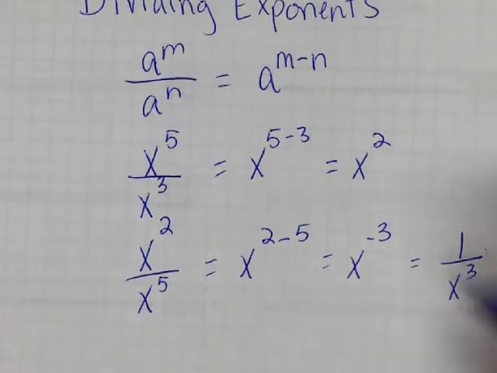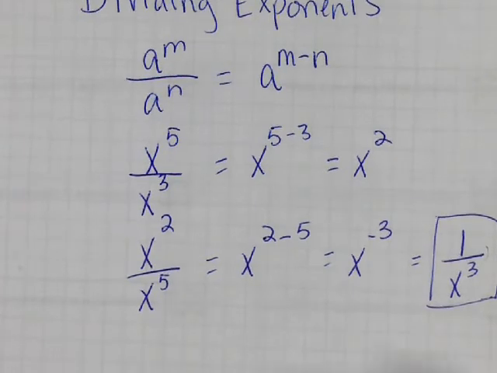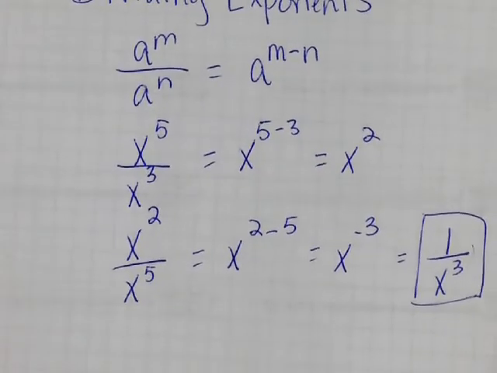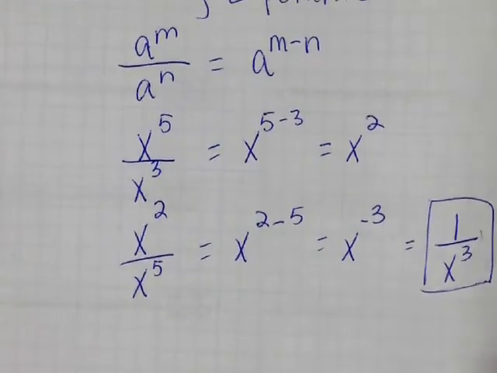Then this would be our best answer. The negative basically means we take the reciprocal of it and turn it positive. So if it's in the numerator, it goes to the denominator. If it's in the denominator, it goes up to the top. That's what's dealing with those negative exponents. And when in doubt, write it out.